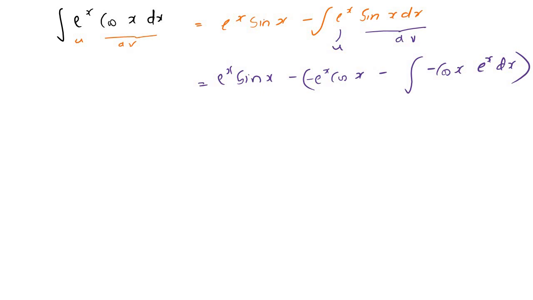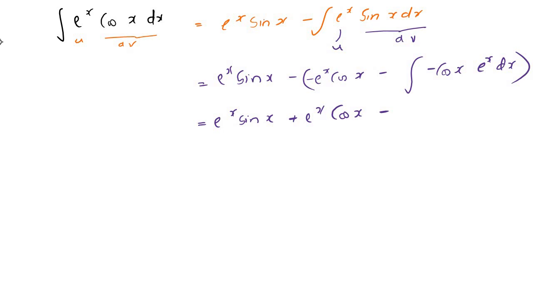Now, once we simplify this, we got e to the power x sine x plus e to the power x cos x minus this. So let me write this again.